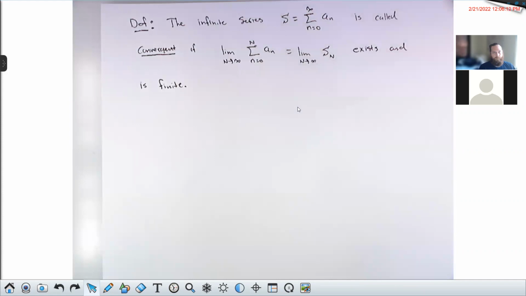Okay. So we say the full infinite series is convergent if the limit of the partial sums exists and is finite. In other words, the series sigma an is convergent if the sequence of partial sums is a convergent sequence.